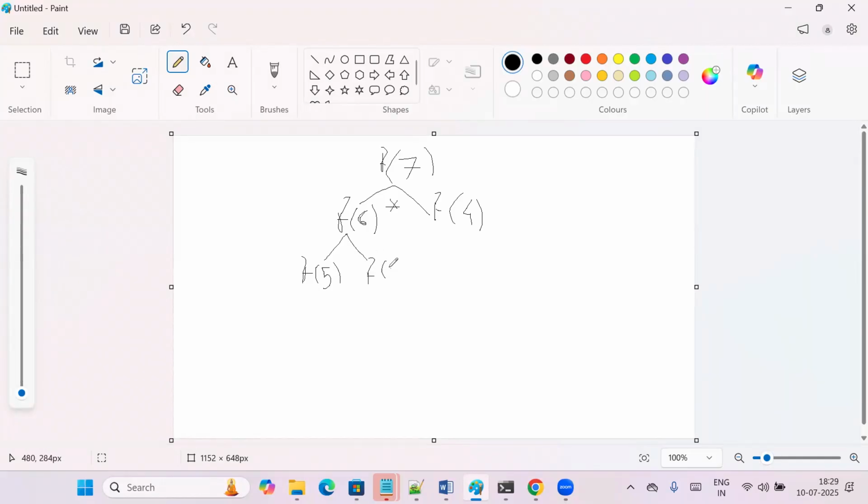Here f of 3, f of 4 into f of 2. Sorry, f of 3: here you will get f of 1, here you will get f of 2, and here you will get f of 0.